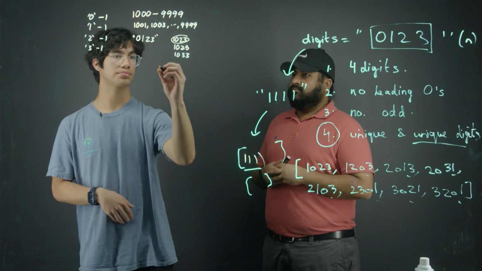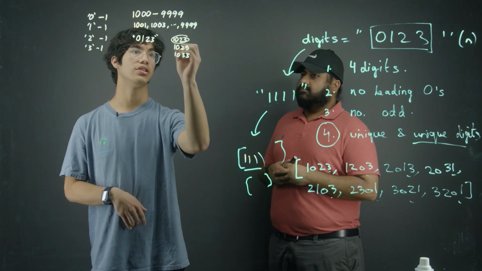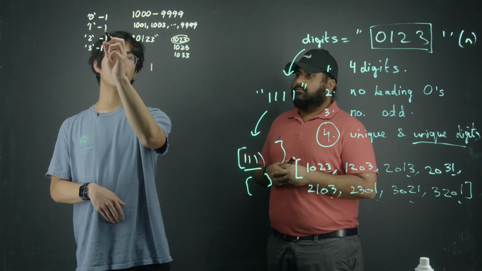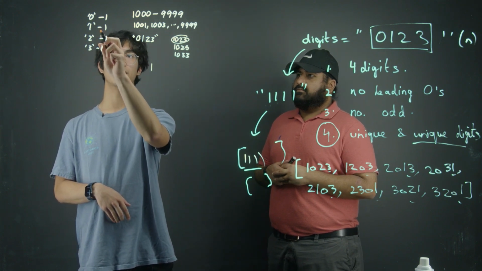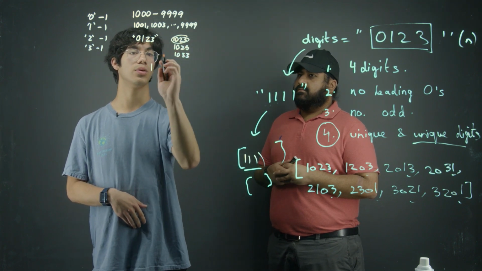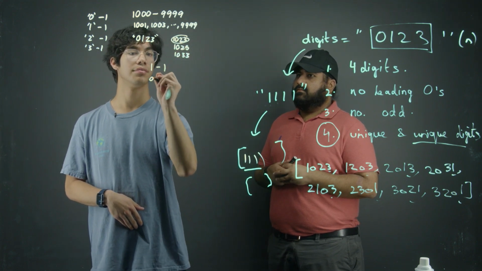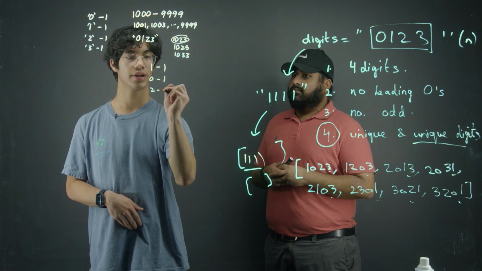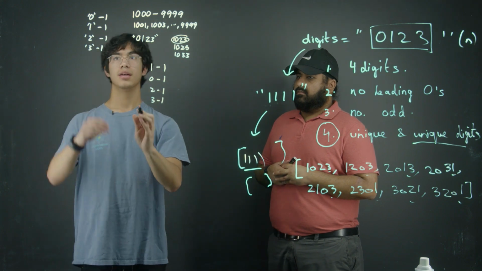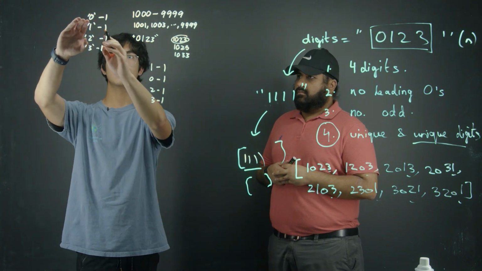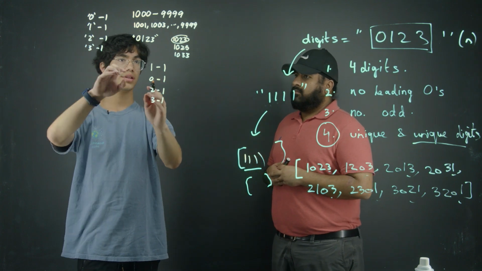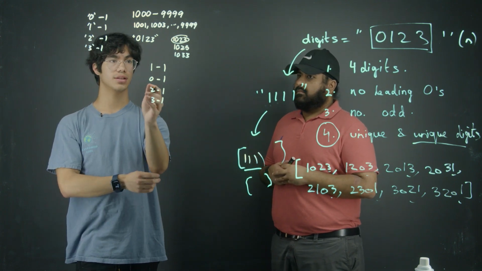So what we would do is we would extract each digit from here, and we would say, does the corresponding character have the same frequency in here as it does in here? So in this 1023, 1 has a frequency of 1, 0 has a frequency of 1, 2 also has a frequency of 1, and 3 has a frequency of 1. So since the frequency in the digits is greater than or equal to each one of these frequencies, we can successfully construct this. I see.